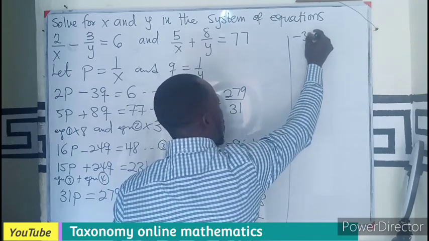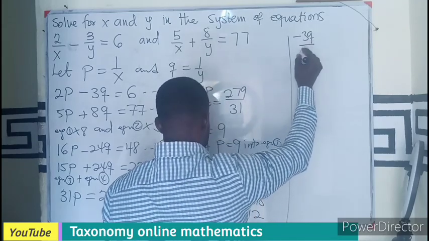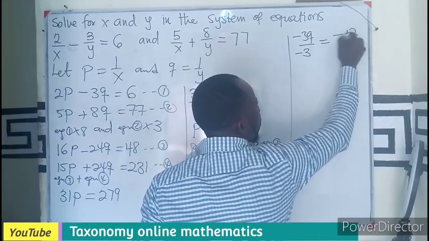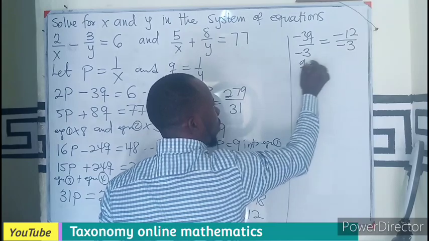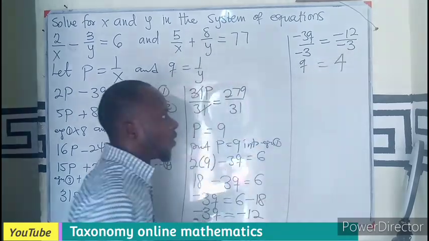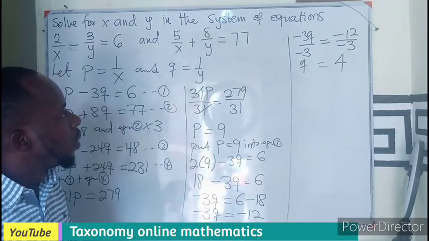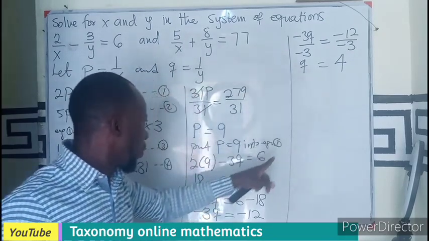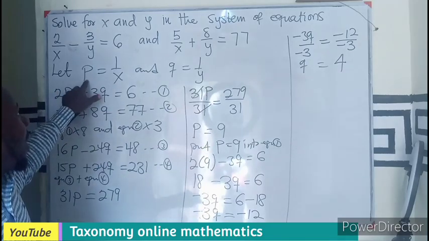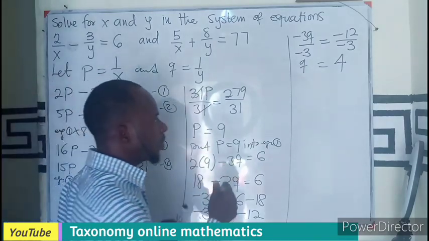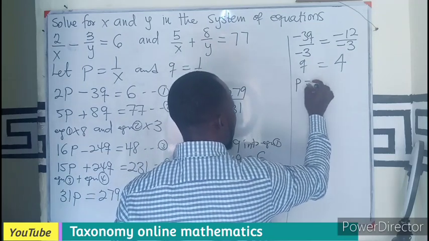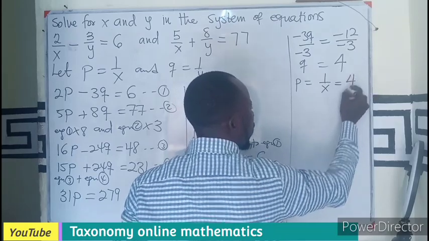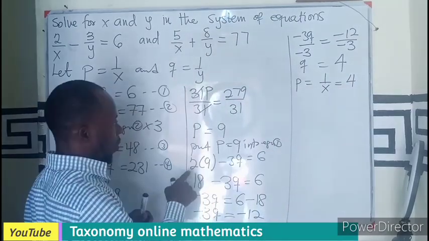Negative 3q, as I'm looking for q, divided by negative 3, negative 12 divided by negative 3. So q is going to equal 4, because the negatives will cancel. But don't forget, we are not looking for q and p, but rather x and y. Here, p equals 1 over x, and p is 9.